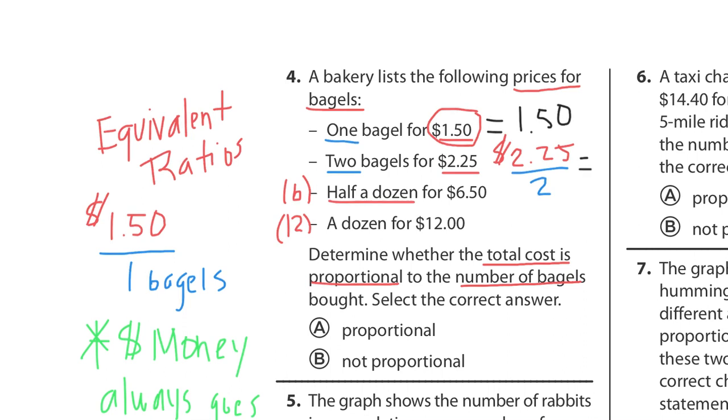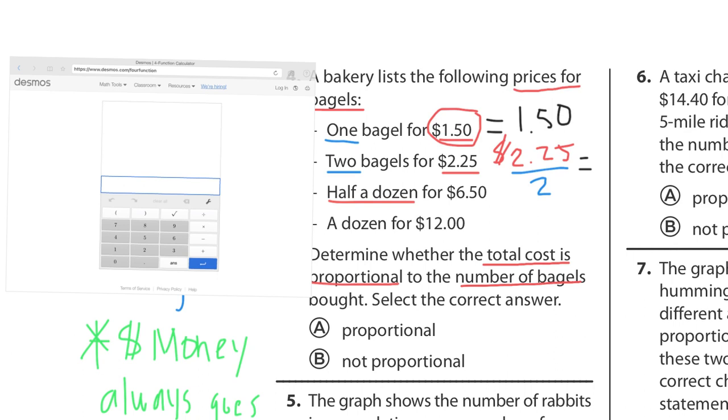Okay, here we go. $2.25 divided by 2 gives us $1.25.